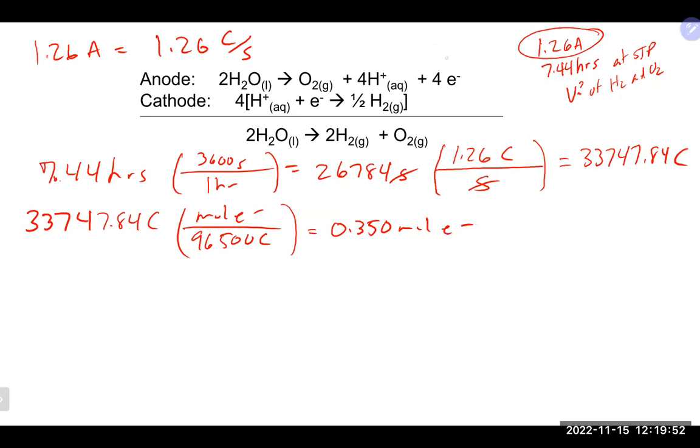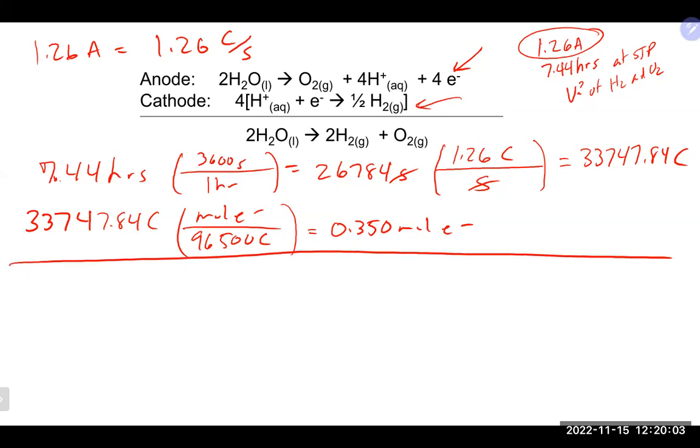It's at this point that we can now use our balanced half reactions to get to the elements that we're looking for. We will do moles of oxygen first. We can see from the half reaction that for every 4 moles of electrons, we get 1 mole of oxygen.